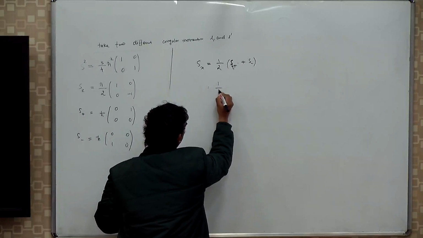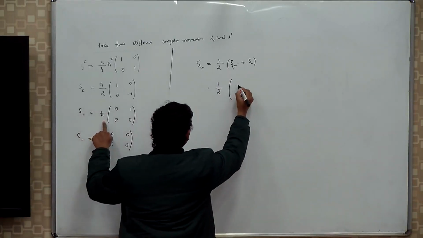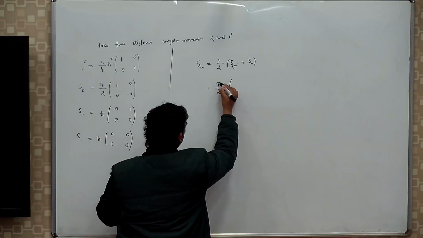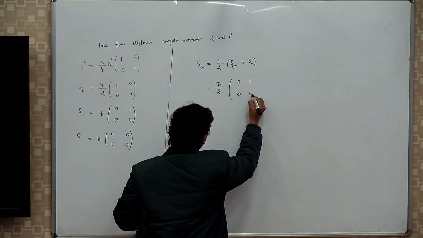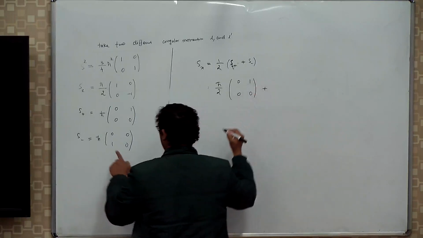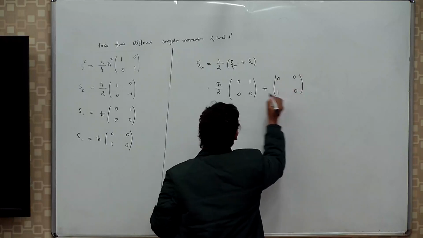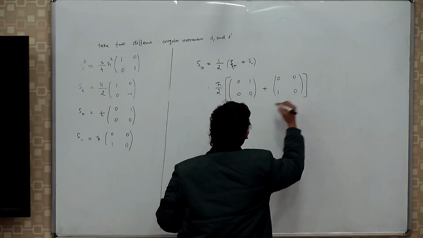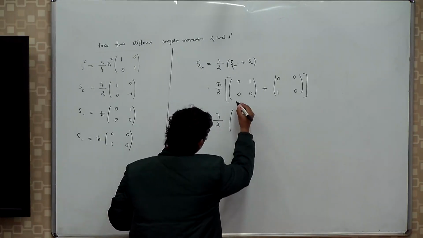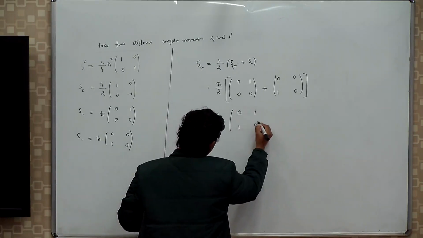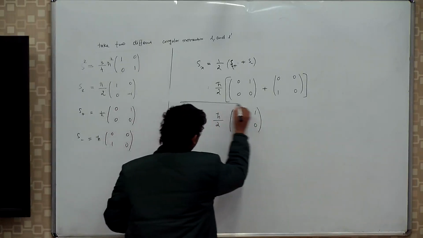Then 1 by 2 S plus is nothing but h cross, which I am keeping outside, 0, 1, 0, 0 plus S minus, which is nothing but 0, 0, 1, 0. This value will give you h cross by 2, 0 1 1 0, which is nothing but the Sx operator.